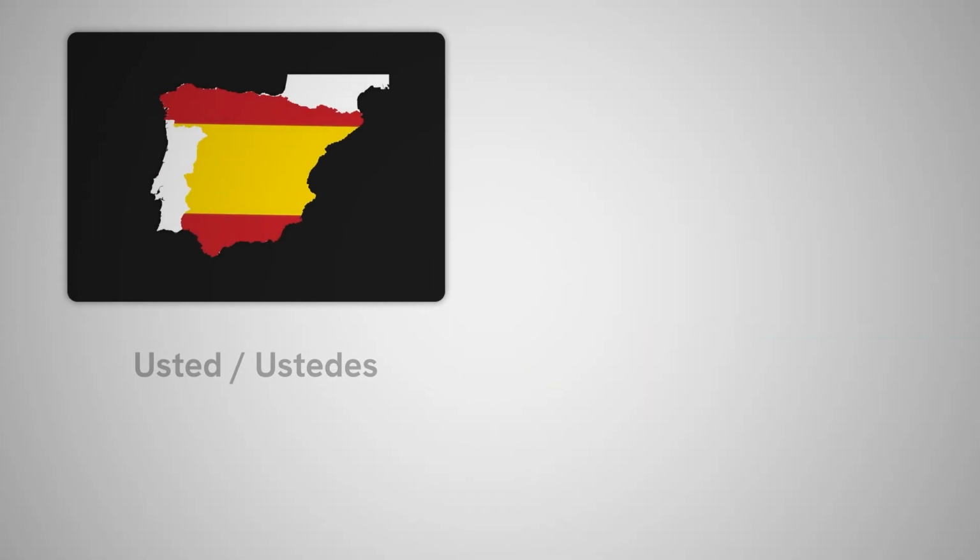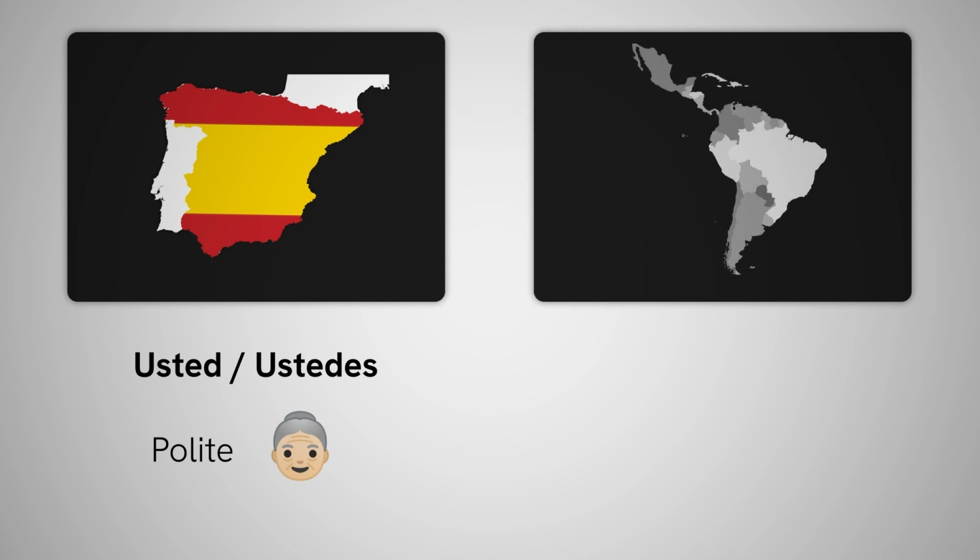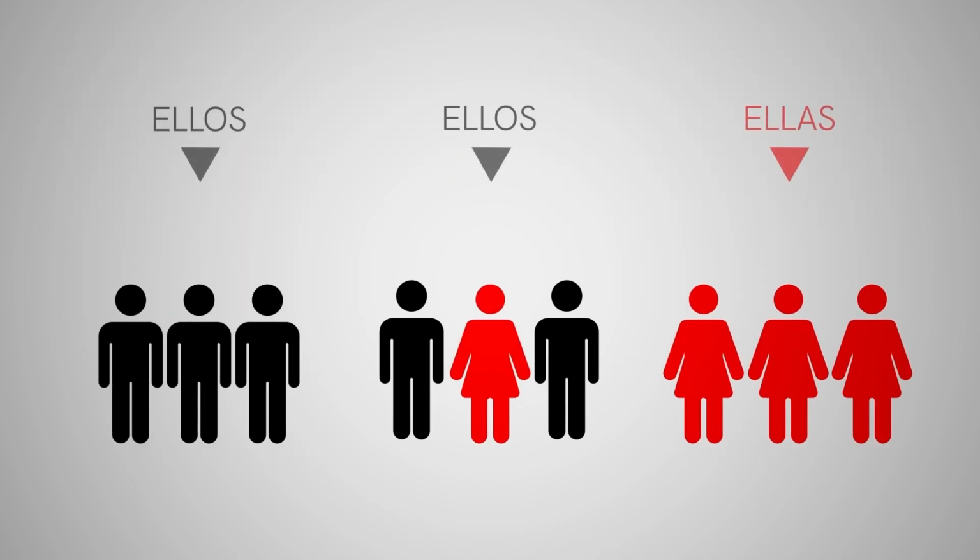Remember that in Spanish we use usted or ustedes when we want to be polite, for example with an old man. Or if you are speaking with Latin American people, they always use usted instead of él or ella, or ustedes instead of ellos, ellas. And in English, if it is singular, we have he and she, which in Spanish are él and ella.